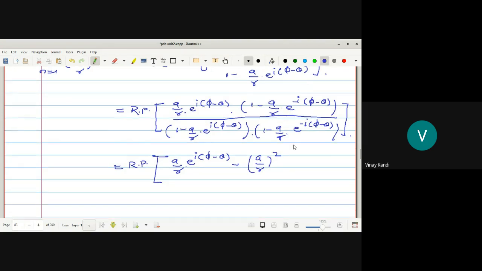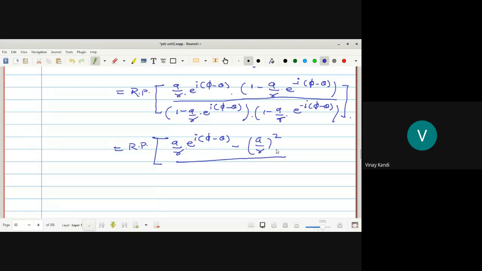Divided by: a minus b, a minus b मल्टीप्लाय करा, 1 into 1 is 1, 1 into this term minus a upon r e raised to minus i phi minus theta, minus this term into 1, minus a upon r into e raised to i phi minus theta, minus minus gets plus a upon r bracket square, and plus minus gets cancel. Okay, any doubt? कौन सी step समझ नहीं?